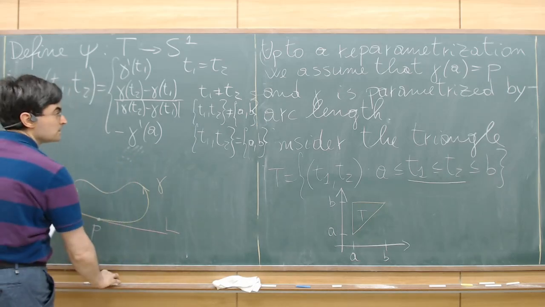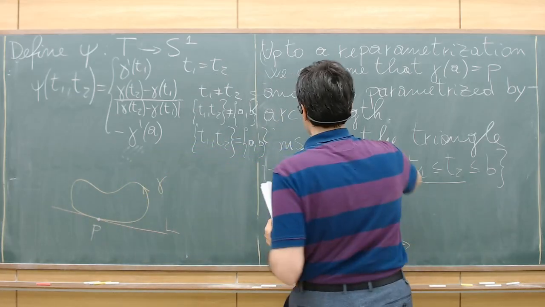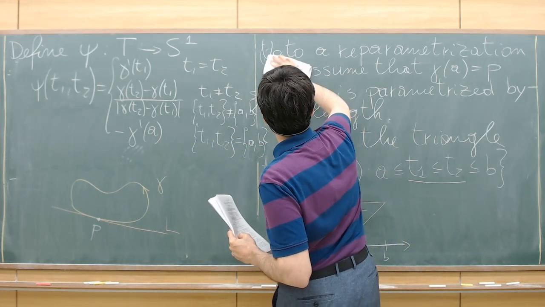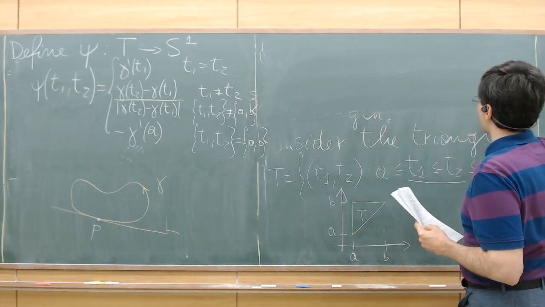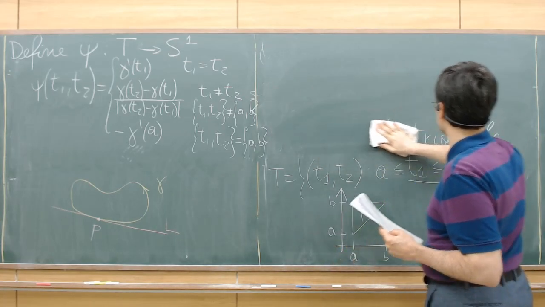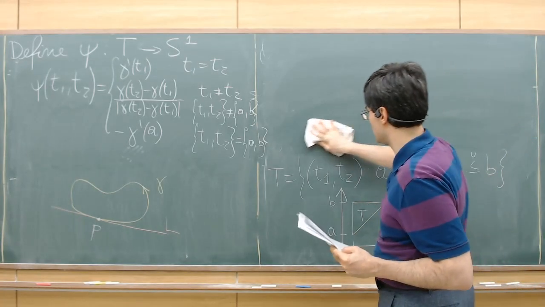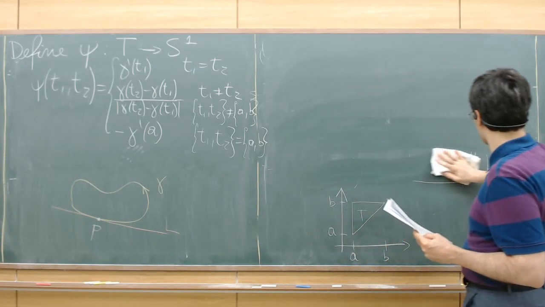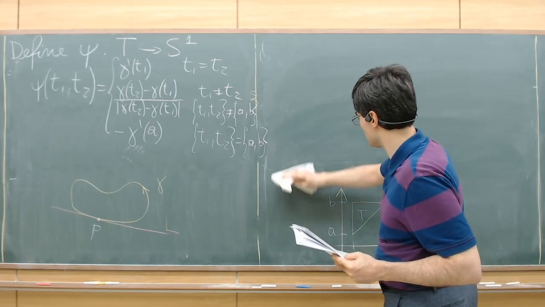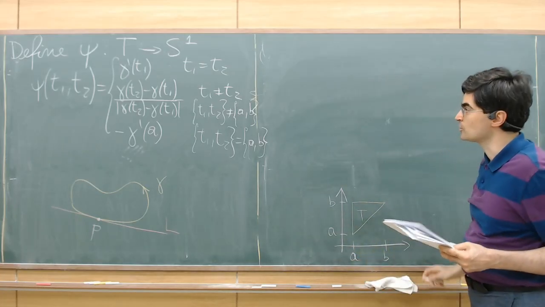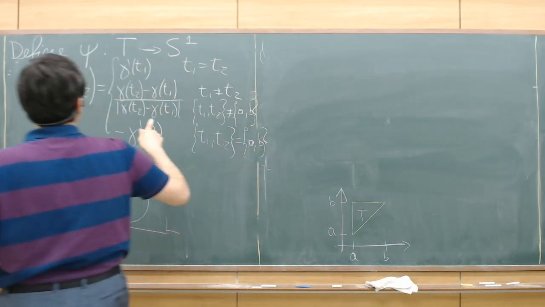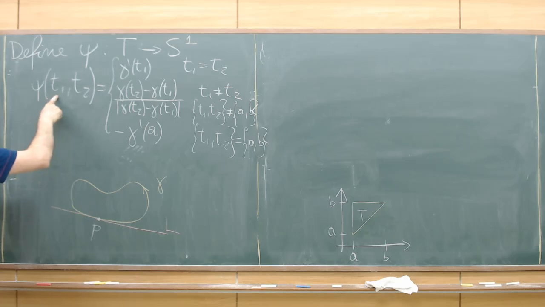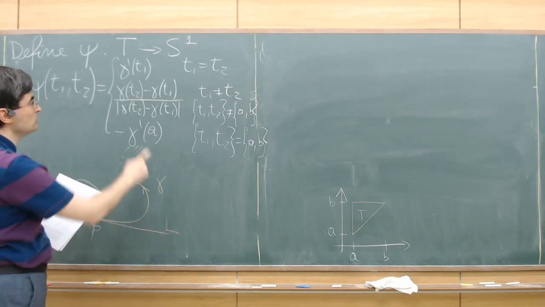So let's erase it here. So this function, for most values of its entries, is equal to this vector.